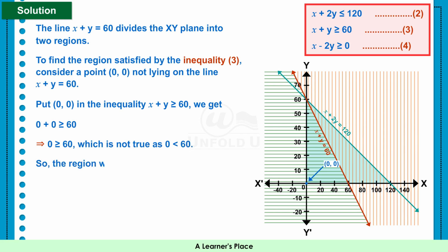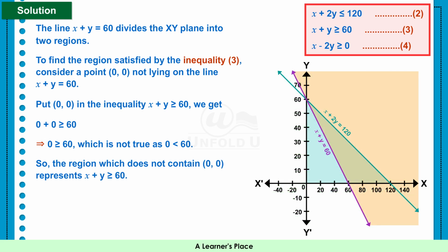So, the region which does not contain (0, 0) represents the inequality x plus y greater than or equal to 60. From the figure, we can see the region PABP is common to inequalities 2, 3 and 5.